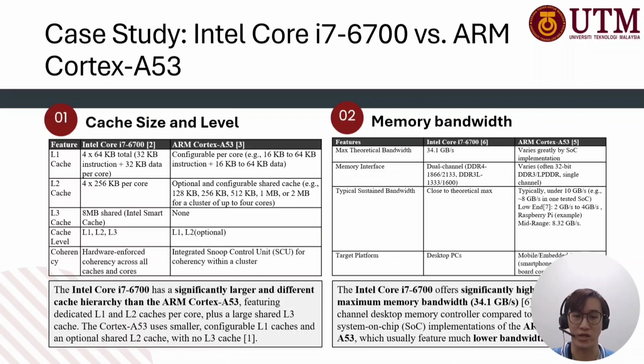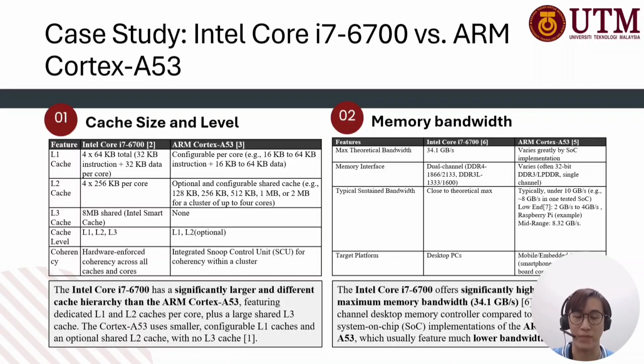It has an L1 cache of 64 KB total, an L2 cache of 256 KB, and an L3 cache of 8 MB shared among 4 cores, while the A53 is built for efficiency. It has an L1 cache, which is configurable, and an L2 cache, which is an optional, configurable shared cache, but it does not have an L3 cache.